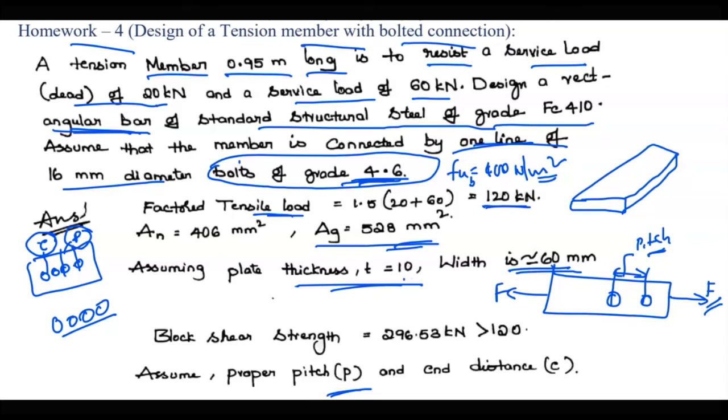And this value should not be less than 2.5 times the diameter of the bolt. What is the diameter of the bolt? 16 mm. So 16 mm into 2.5: 16 into 2 is 32, 32 plus 8 is 40. So you have to place these bolts with a pitch P not less than 40 mm.